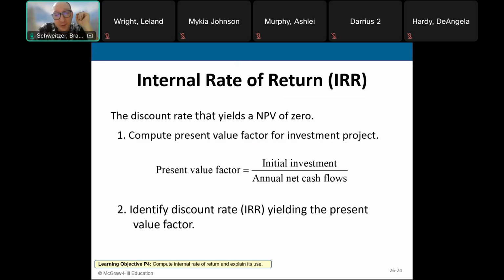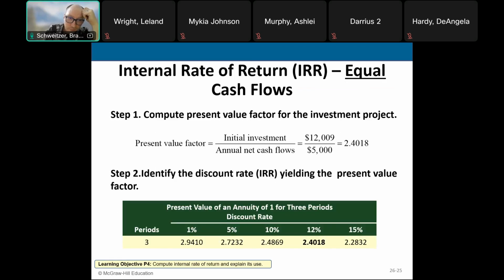Once we figured out the present value factor, we can figure out if that factor is going to be greater than the net present value of 0. So as long as it's above 0, we're good. So the second step here is that we need to identify the internal rate of return yielding the present value factor.